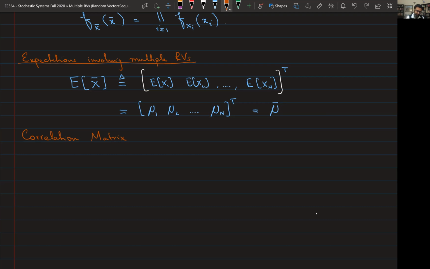Who has come across correlation matrices before? Any ideas what the correlation matrix of a collection of random variables is? Mohsin, please go ahead.